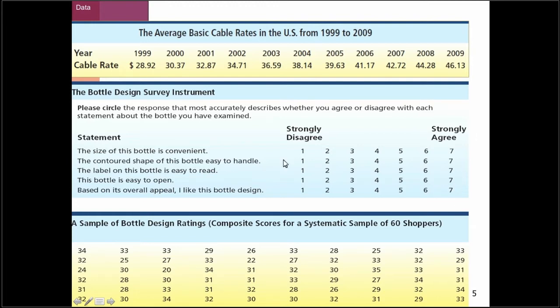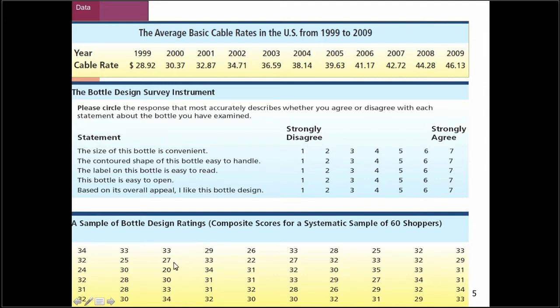Then they summed up the values for each customer and came up with a specific number. Like customer number 1, the sum of all those variables was 34. If a customer was unhappy and strongly disagreed with everything, the rating for this new bottle design would be 5.